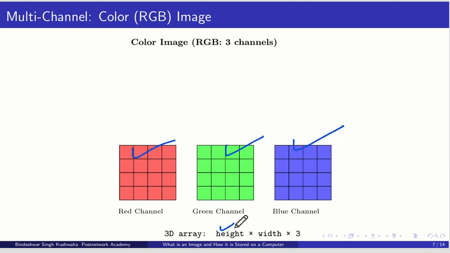So height, width, and 3 channels. That is a 3D array. An RGB image would be stored in a 3D array. Basically you can see that images are a function of two variables x and y, that is, just pixel values.